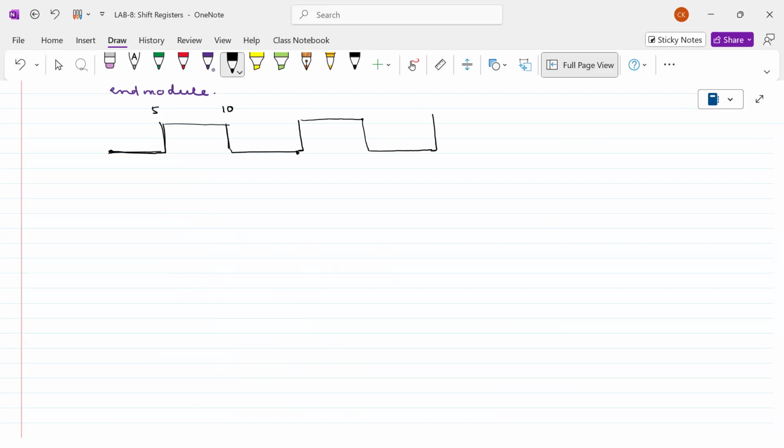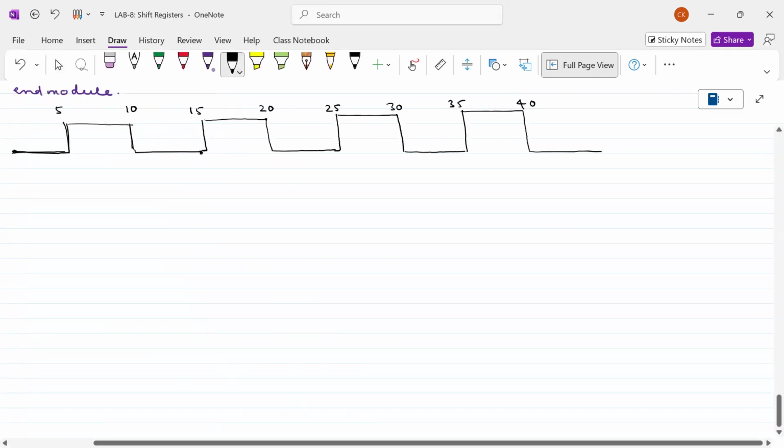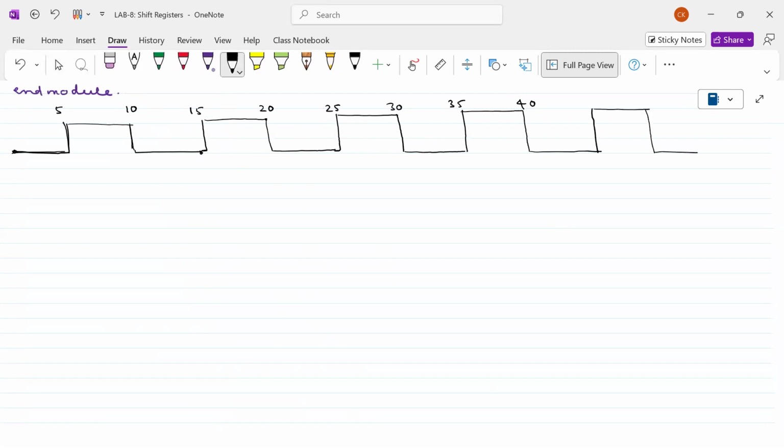Another 5 nanoseconds, it will be high, then low, then high, then low. 15, 20, 25, 30, 35, 40, 45, 50. This is what the signal is.